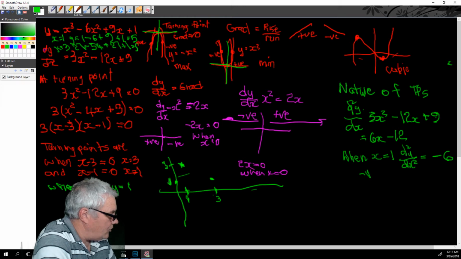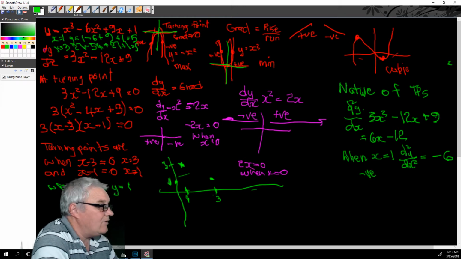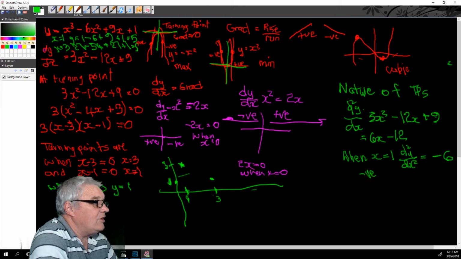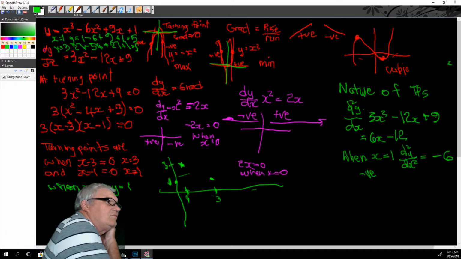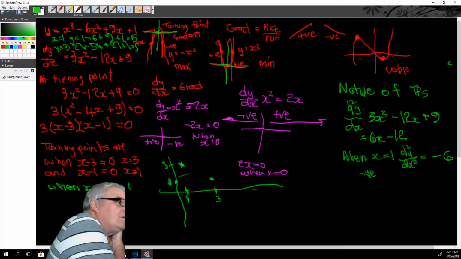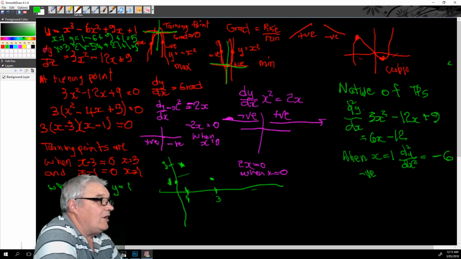And that tells us that the turning point is increasing negative. As it goes from left to right, it'll start going negative, like here.